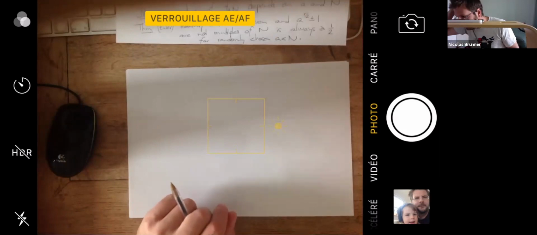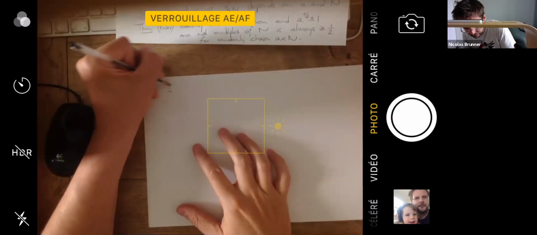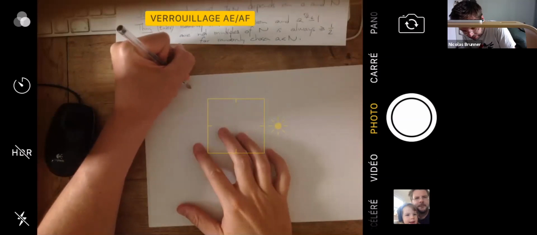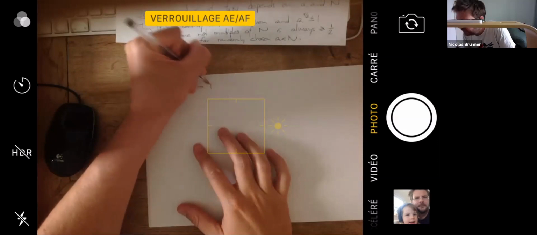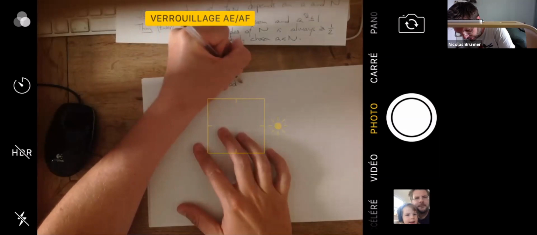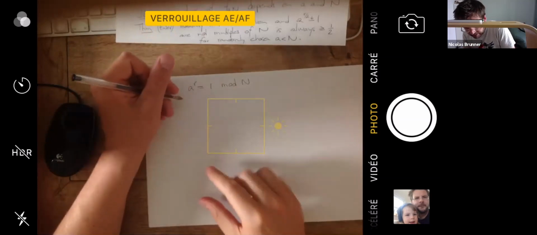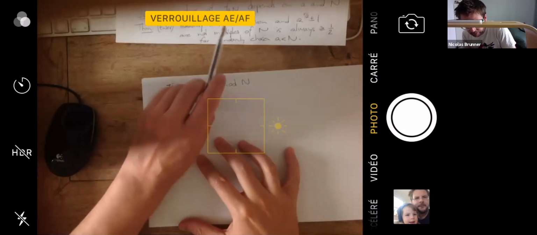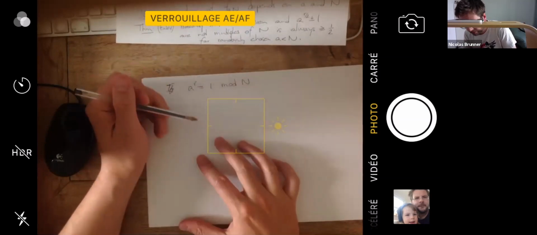Because in general, we will have that a to the R is equal to 1 mod n. Now, if R is not even, then it's not good for us, so we will go and pick another a.